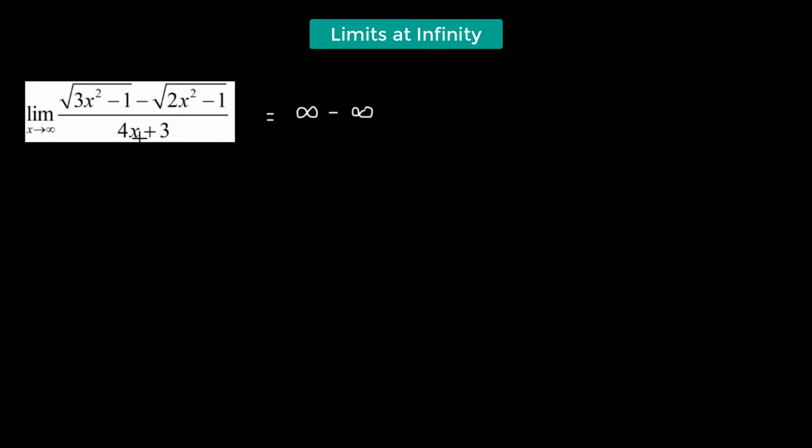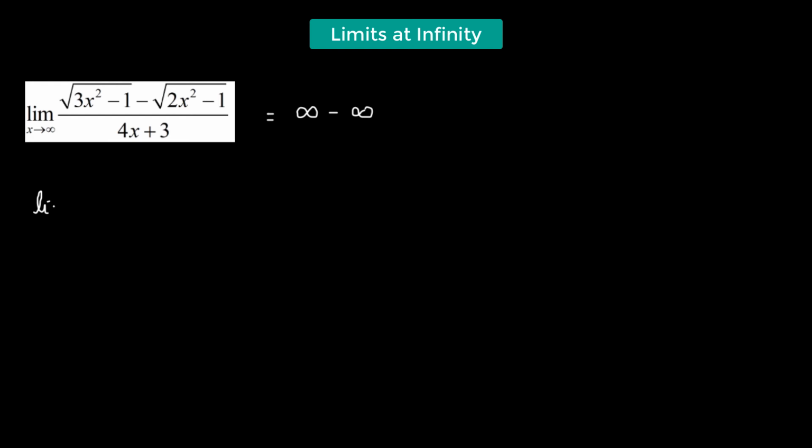The highest power of x in the denominator is 1. However, in the numerator we have x squared, but then again we have a square root, so the highest power of x in both the numerator and the denominator is simply 1. So that means we have to divide both numerator and the denominator by x.